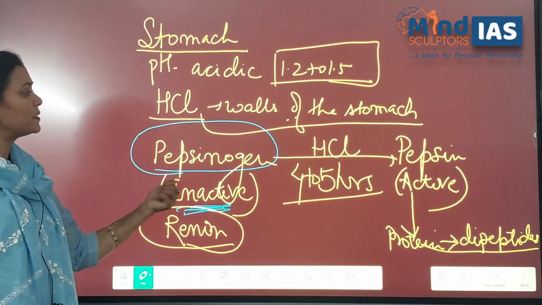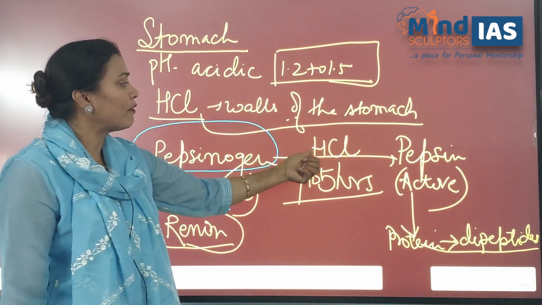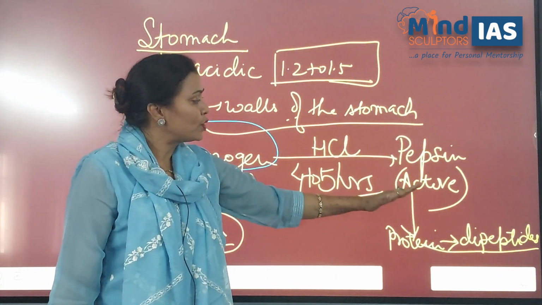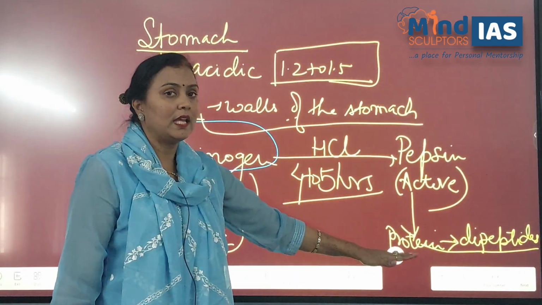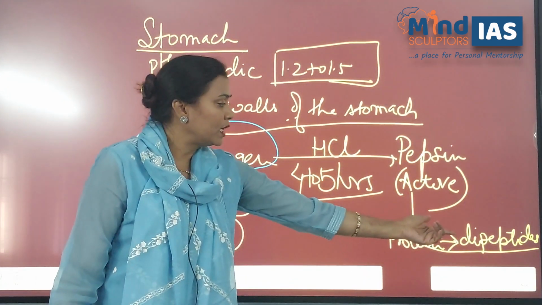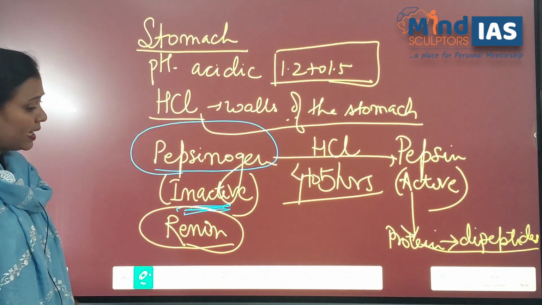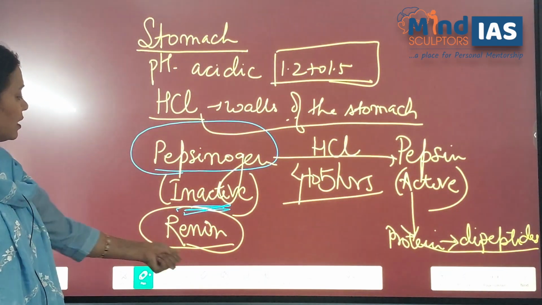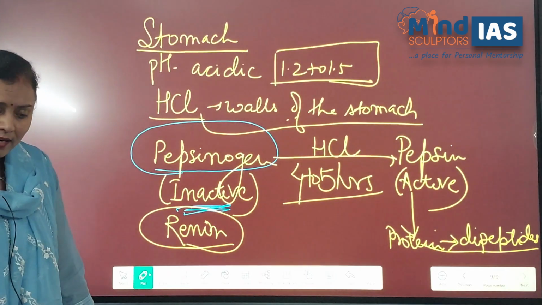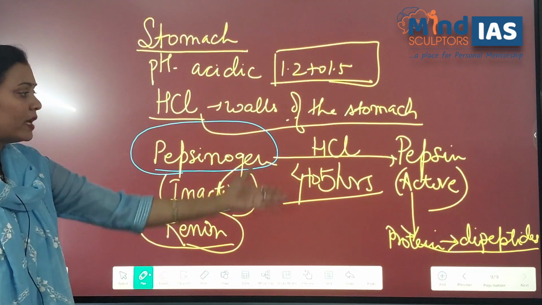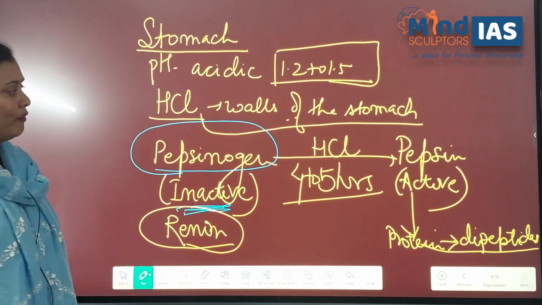So we have pepsinogen, inactive form, which in the presence of HCl changes into pepsin, the active form, which acts on protein and changes complex protein into dipeptides. And in milk-feeding animals, the enzyme is renin, which can change the protein into dipeptides or other simpler forms.